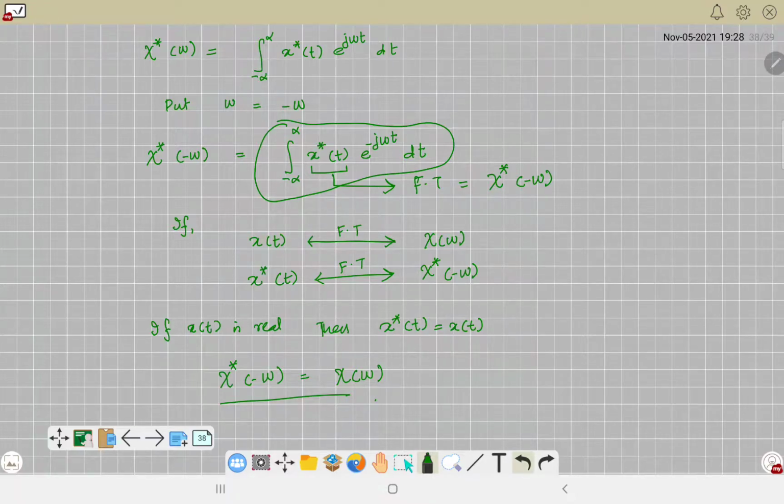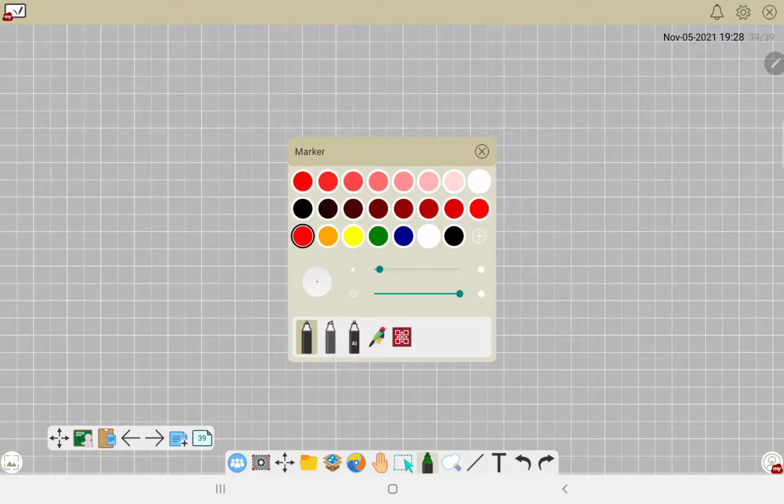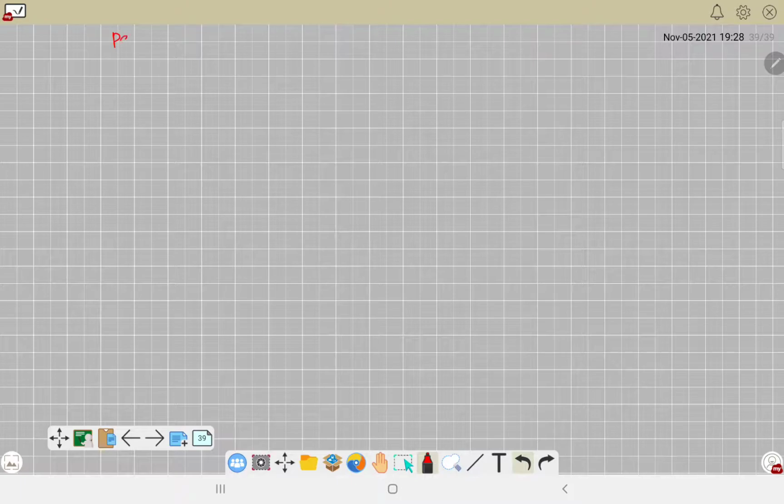Now associated with this conjugation is an important relation, what we call Parseval's relation. It's often used in communication systems. We will study the physical significance of this relationship in your communication course. It has to do with the energy content of the signal. If you go back to your chapter 1, we had studied power signals and energy signals in the time domain.